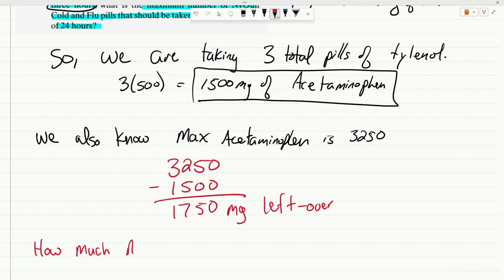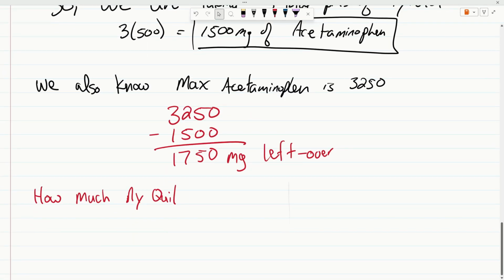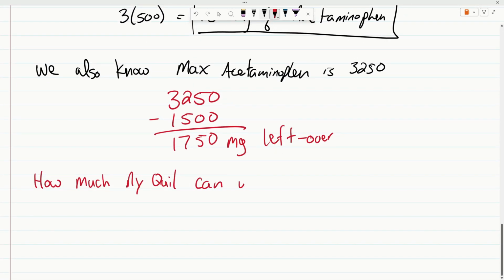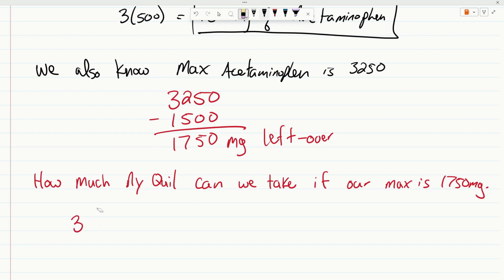How much NyQuil can we take if our max is 1,750 milligrams? Again, what we're really asking here is how many times 325 goes into 1,750.